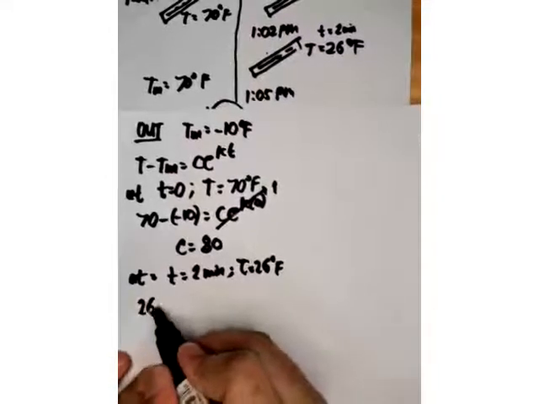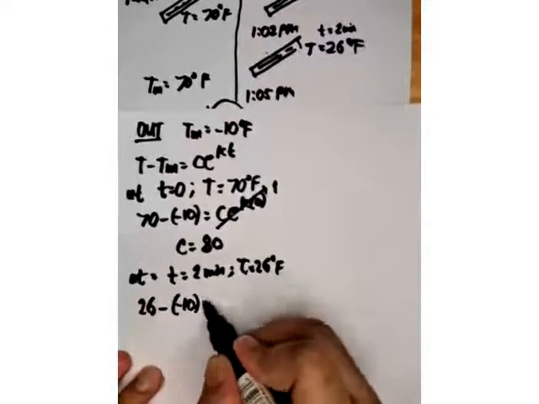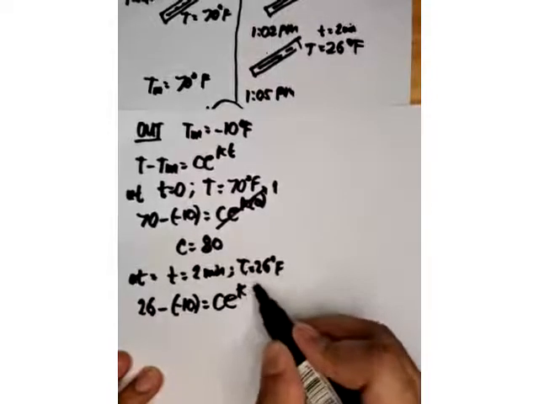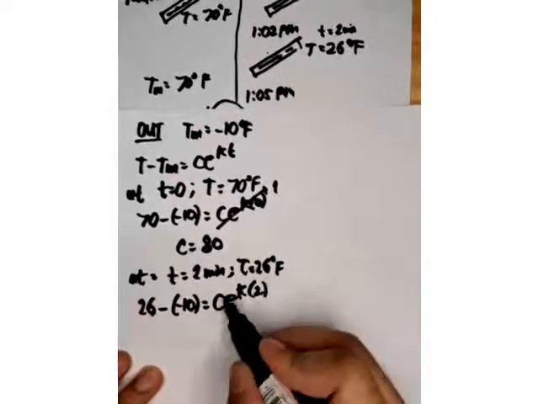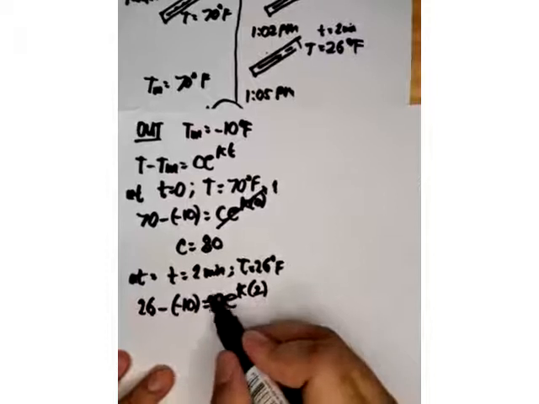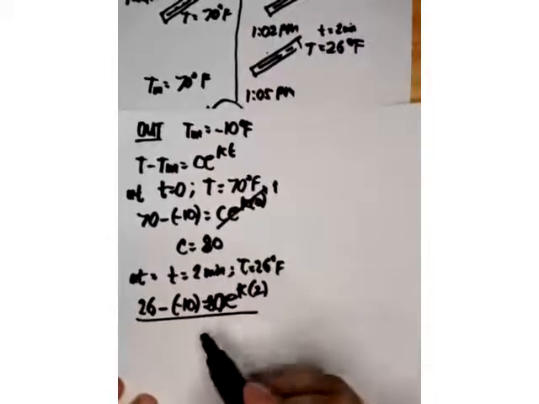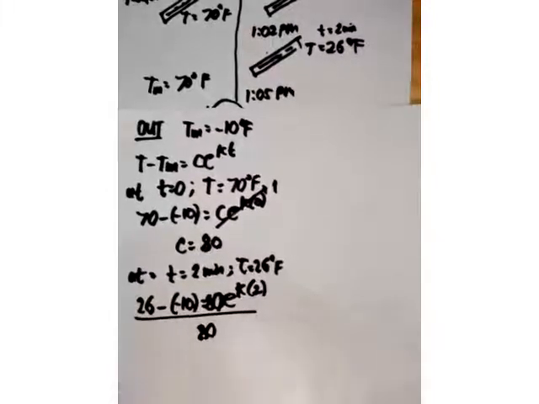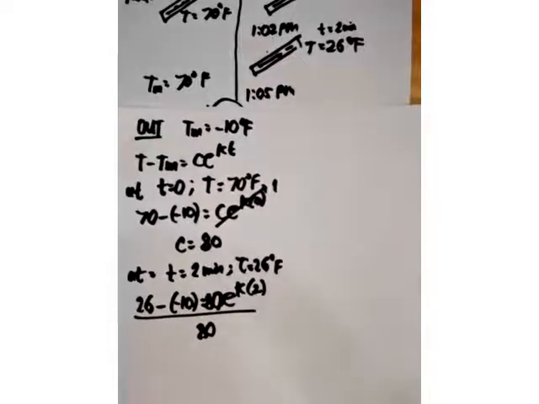So 26 minus -10 is equal to CE raised to K times 2. But C natin is 80. So divide natin to ng 80. So that will be 36 divided by 80. So that's a 9/20.